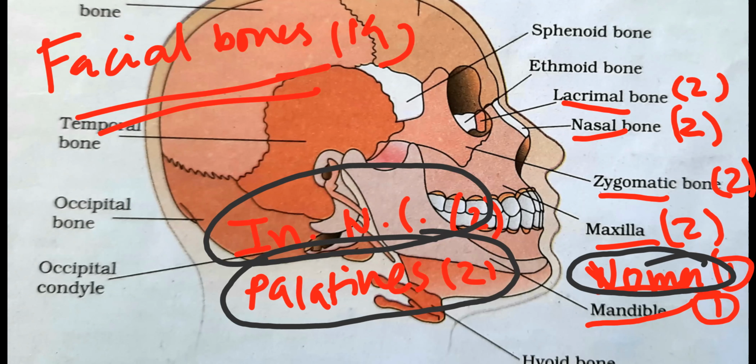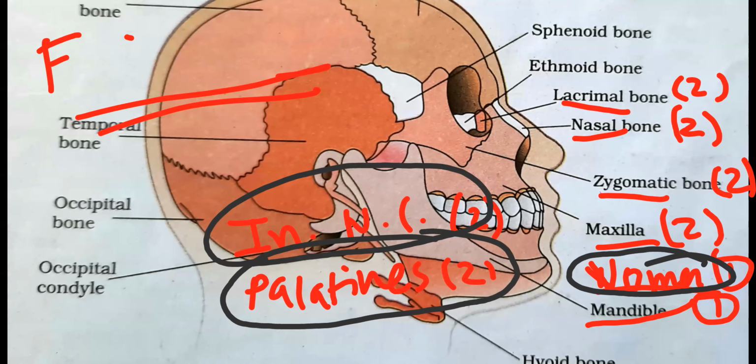Out of these 8 types of 14 bones, the facial bones, which ones are not visible from the external view of skull? INC, palatines, and vomer. How many bones constitute the face?